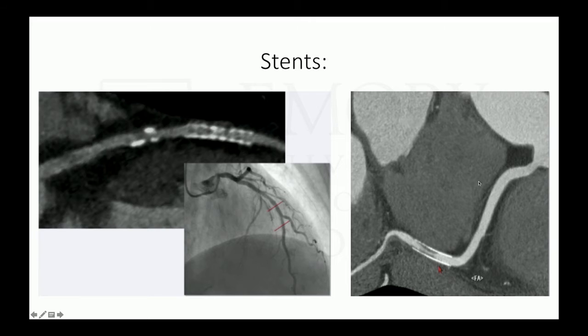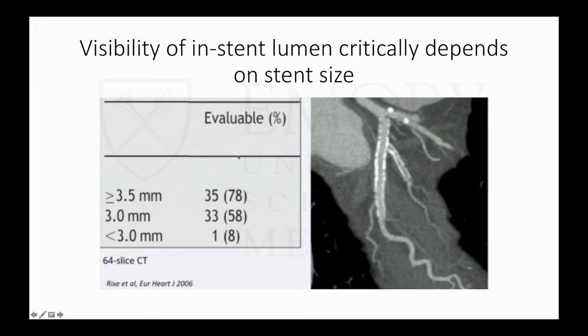So here, this is clearly identifying in-stent restenosis, whereas here, with a smaller stent, you're getting into a world of trouble, and when you correlate that to invasive angiography, it's fine. And so really the visibility of an in-stent lumen is dependent on that stent size.